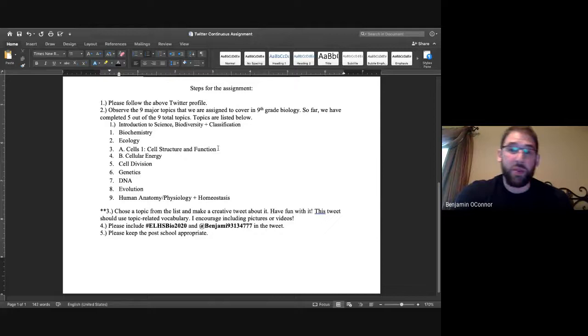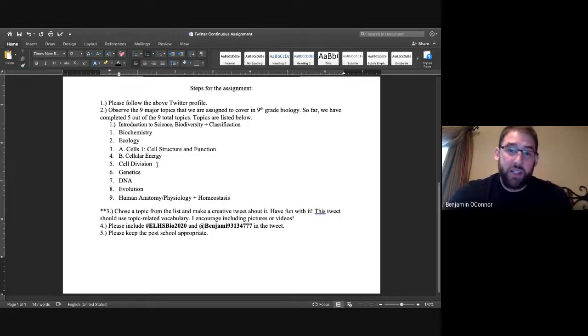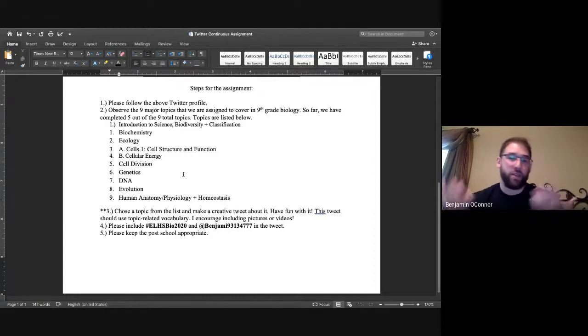If you wanted to, you could find a cool thing about cells and make a post about cells. Cellular division is kind of hard, but if you have a time lapse of something growing, like a plant or bacteria, you could give me a picture of your dog when it was a puppy versus your dog now, and say that the organism was allowed to grow because of mitosis, and so on.